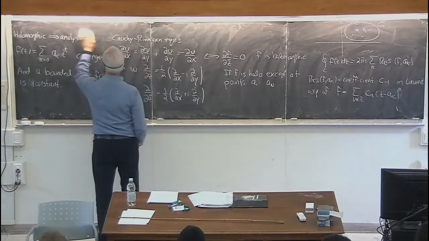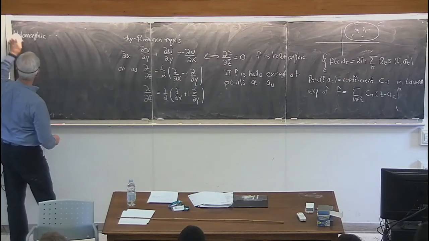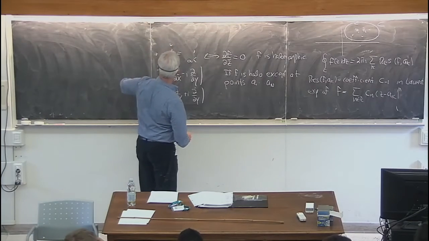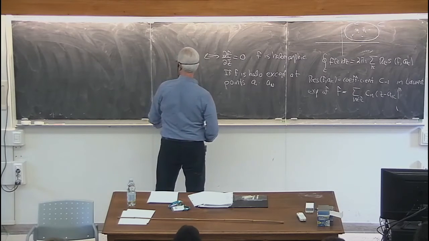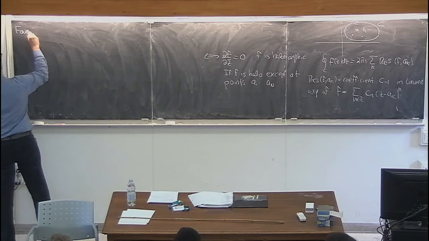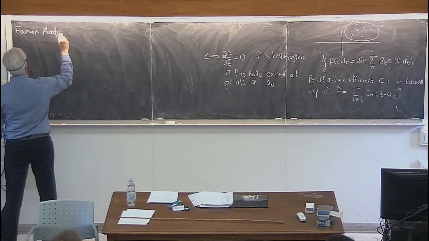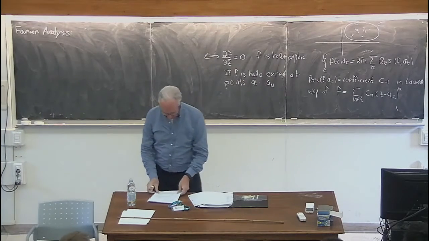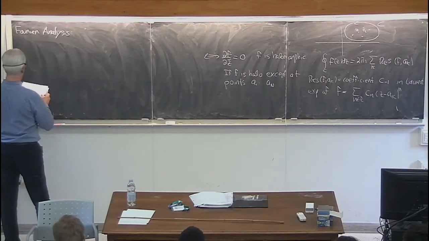All right, so those are essentially the results in complex analysis that we'll use. We'll use some simple results in Fourier analysis. And I'm going to be using the following convention.